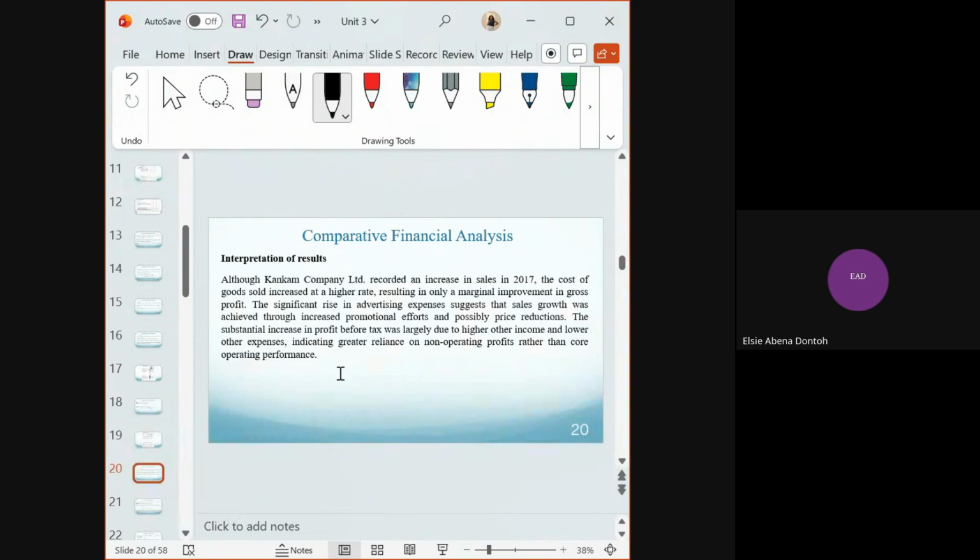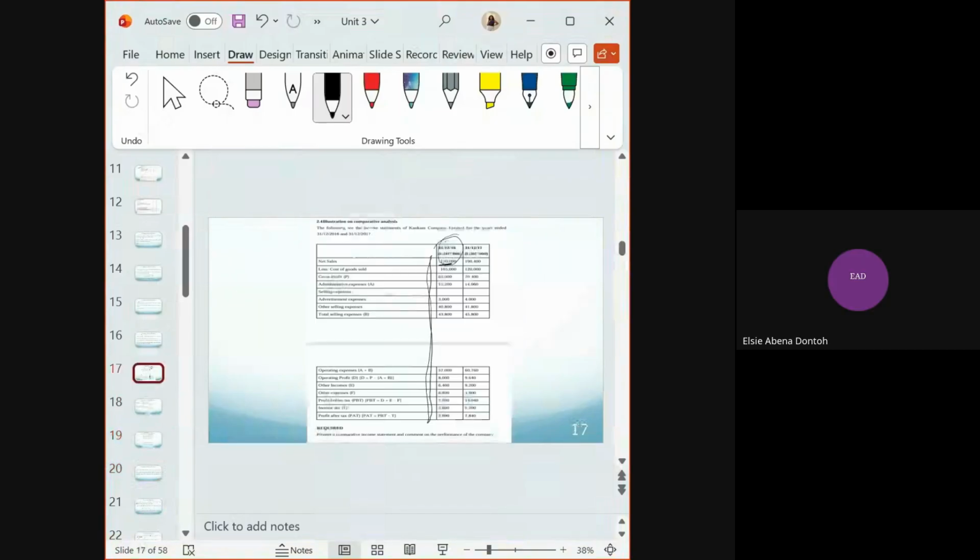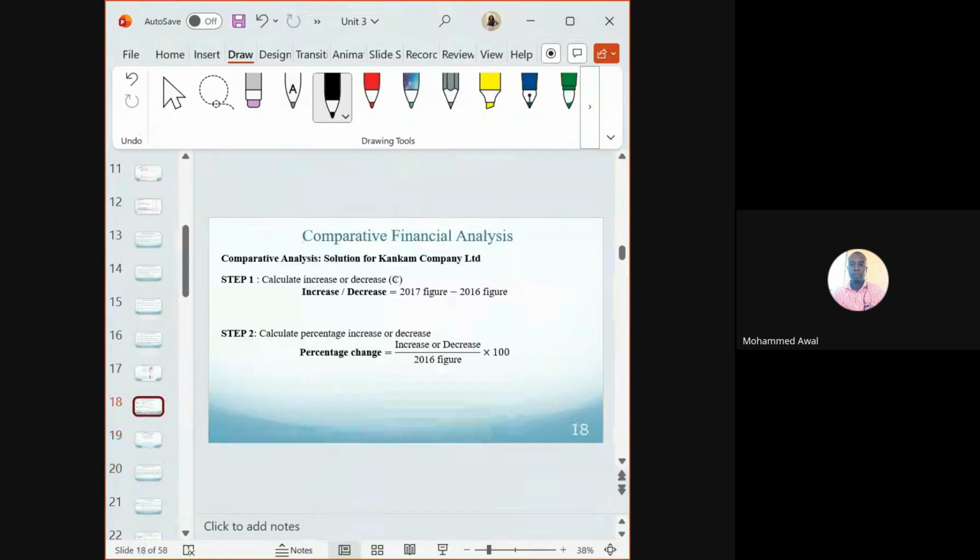Please, any question? Are you good? Do you understand? Yes, Mohammed. So in this case, looking at the percentage increase in the net sales as compared to cost of goods sold, the net sales percentage increase is 12%, and then the cost of goods sold percentage is 14.3%.